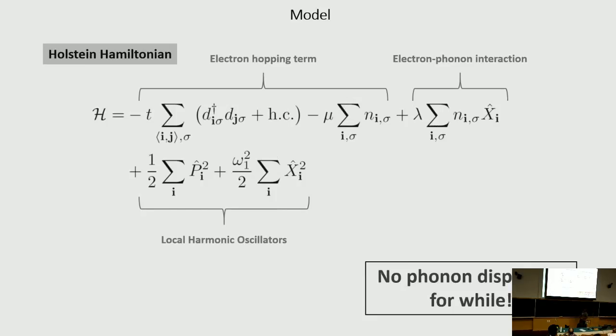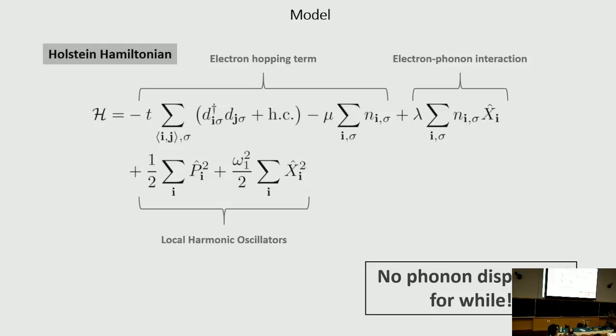If I write my Hamiltonian, I have the hopping term, the electron-phonon interaction, and the local harmonic oscillators. For a while, I have something like an Einstein model, where we have harmonic oscillators vibrating. I don't have phonon dispersion yet. I will include that later.